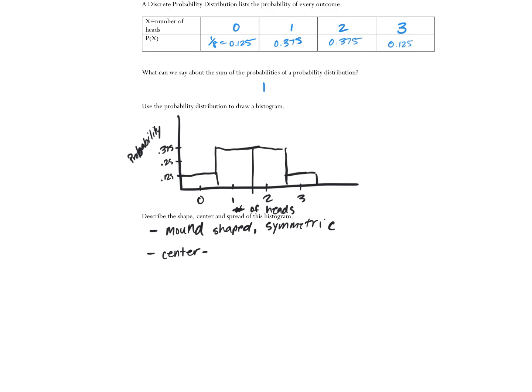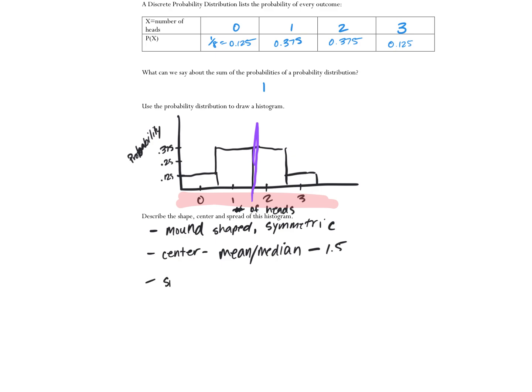But when we describe the mean and the median, we should be describing using the numbers on this axis. Does that make sense? Because our variable again is the number of heads. If you had to guess the mean or median, what looks to be the center of this? 1? Yeah, 1.5. I would say it's right smack here, halfway in between the 1 and the 2. So the mean is 1.5.